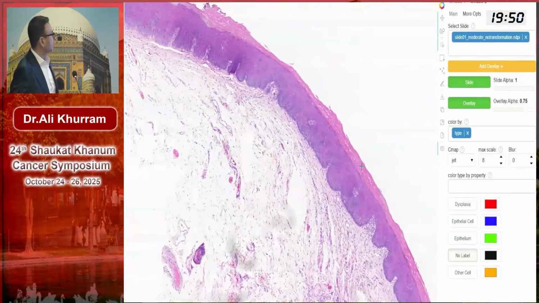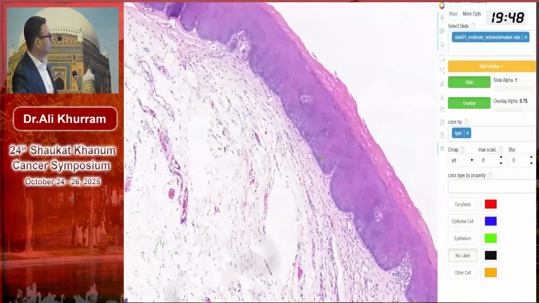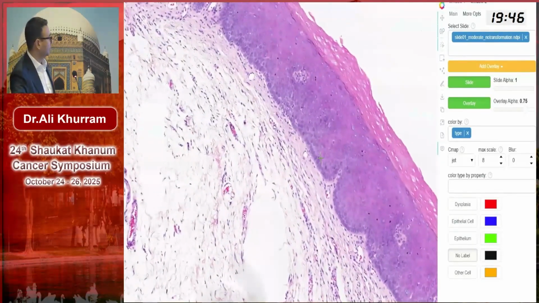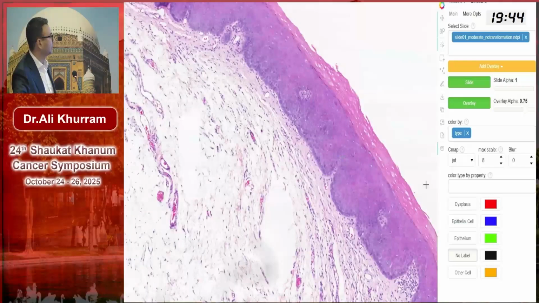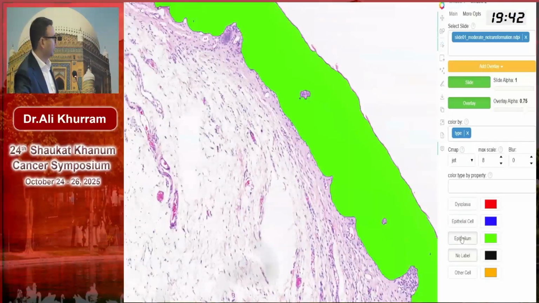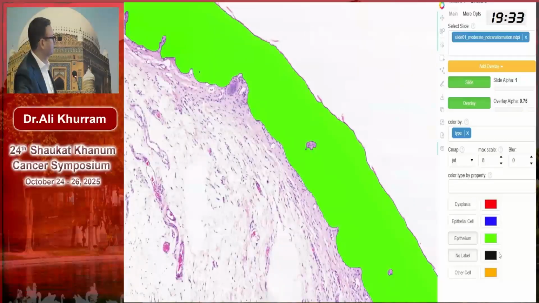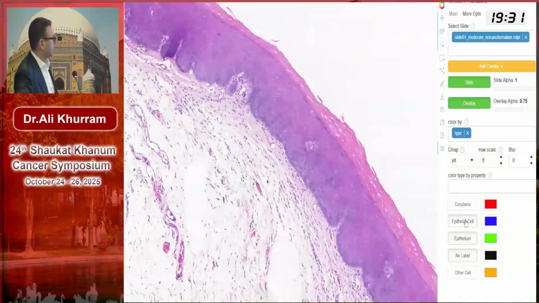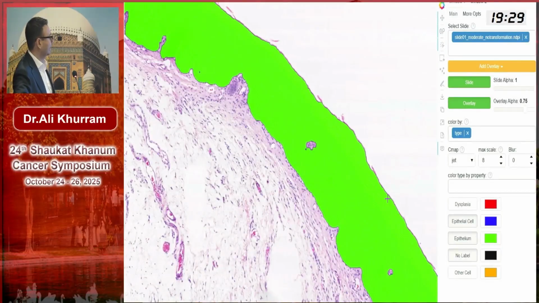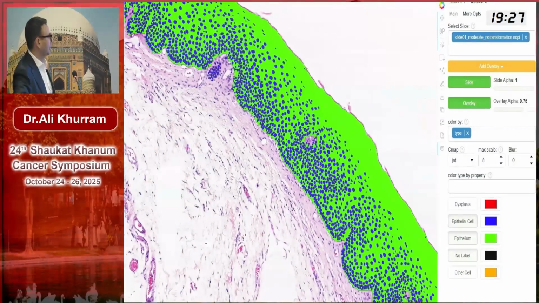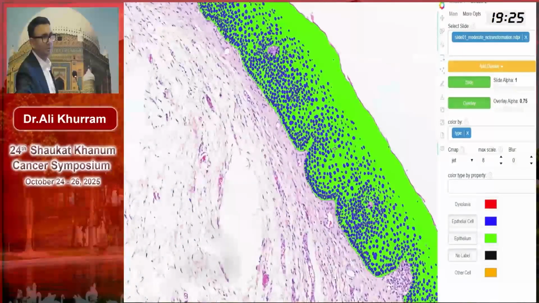And as part of that, we've also built this demo, just to show you how the model works in real life. So here's an example of a whole slide image of a dysplasia. So you can identify every single cell. Here we are automatically identifying where the epithelium is. So that's all turned green. Then we want to look at individual epithelial cells, so it will pick up every single nucleus within the epithelium.